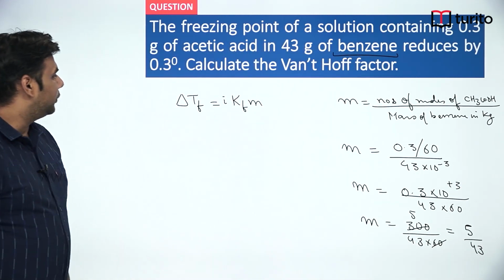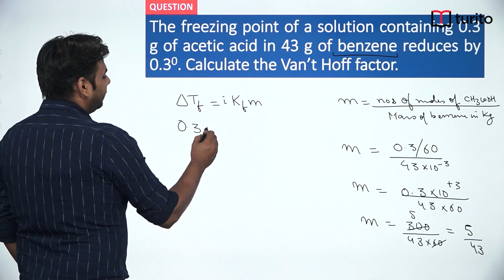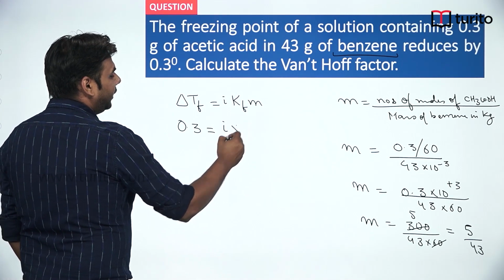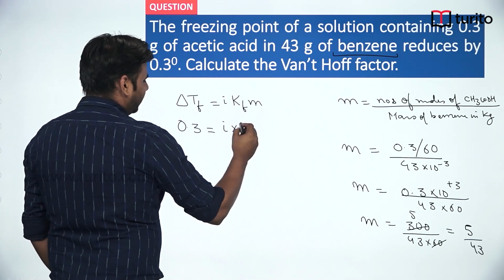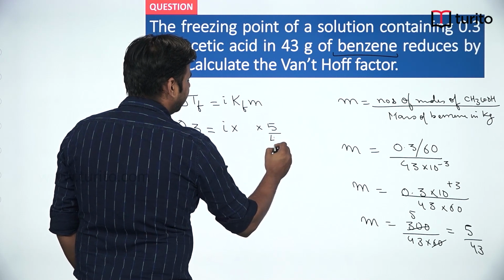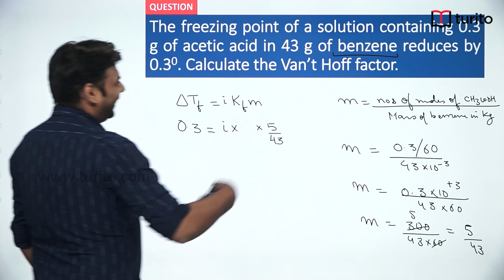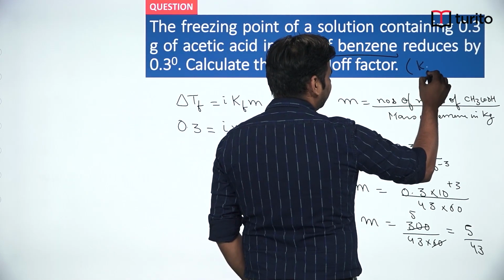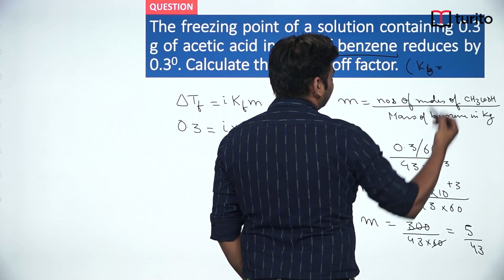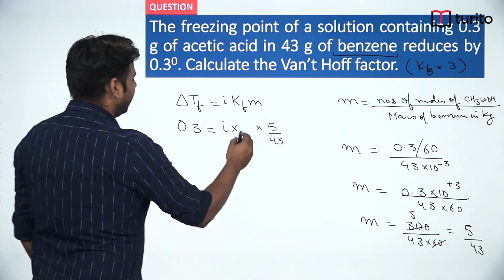Okay, so we know that delta Tf is equal to i Kf into m. Delta Tf is 0.3. Okay, i we have to calculate. Now Kf is not known to us. Okay, so this is 5 by 43. So Kf of benzene, let us assume some value so that it becomes easy. So that Kf is say 3. Okay, so Kf is 3 in this case.